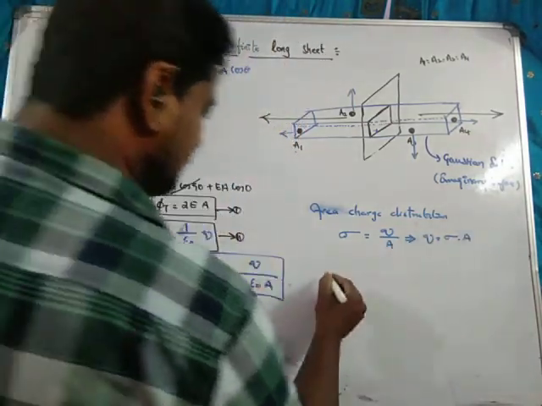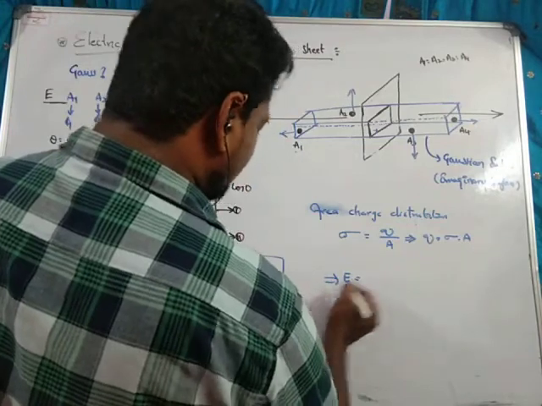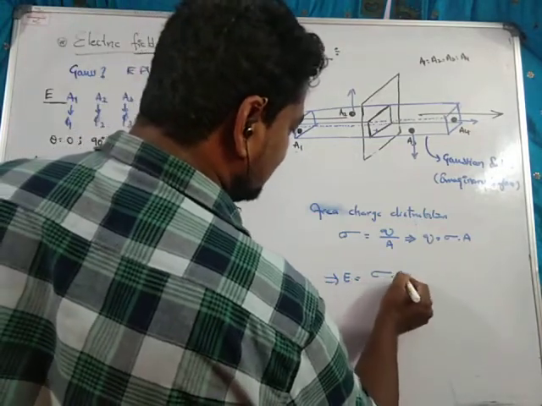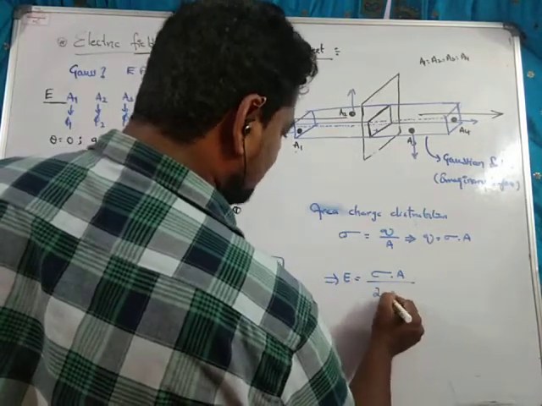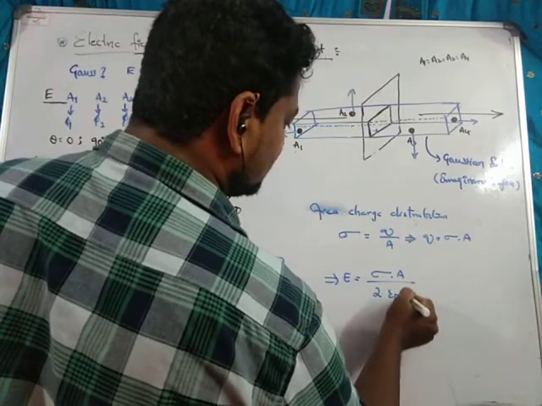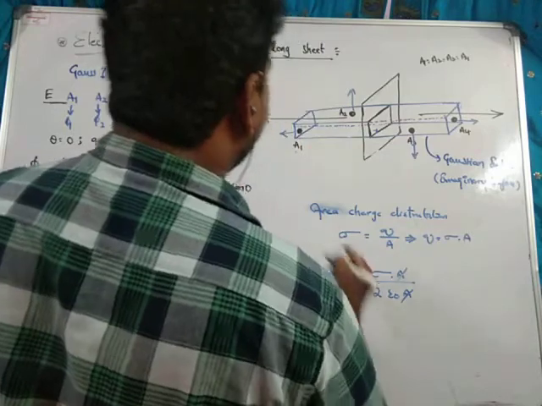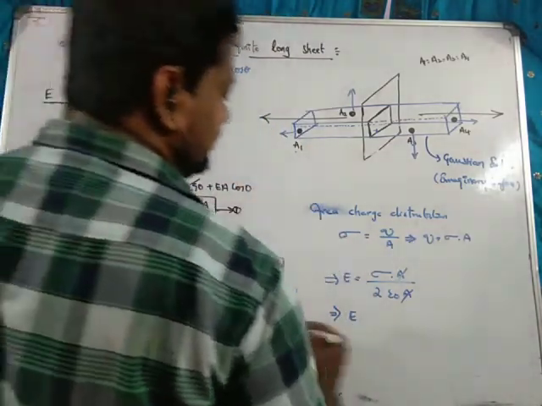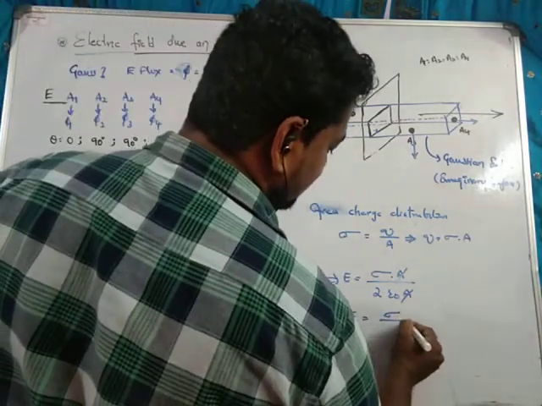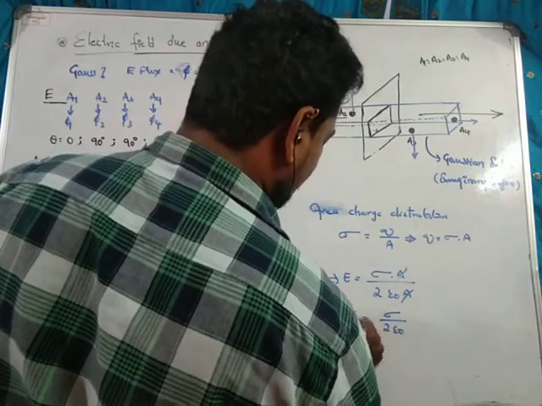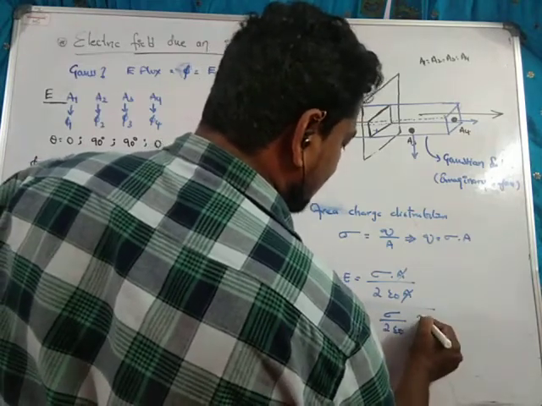Substituting the value, we get E is equal to sigma into area by 2 epsilon naught into A. So A will be cancelled. We get the electric field for an infinite long sheet as E is equal to sigma by 2 epsilon naught along the x direction.